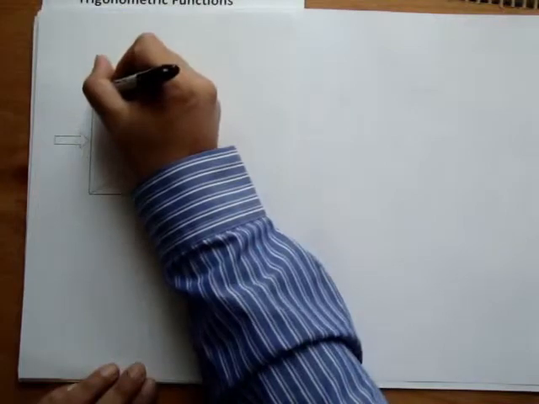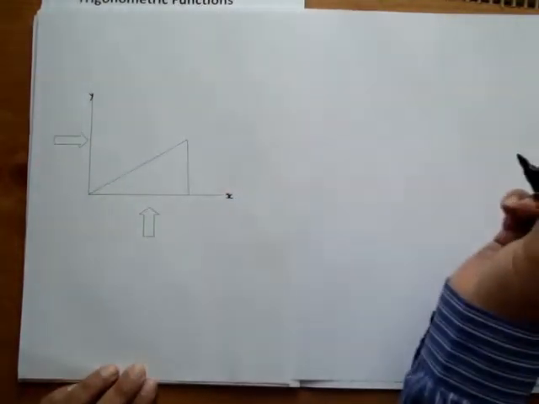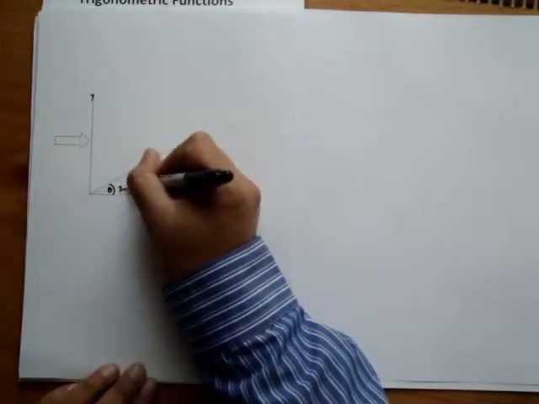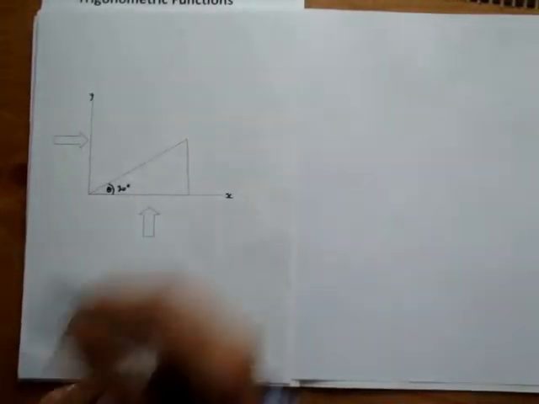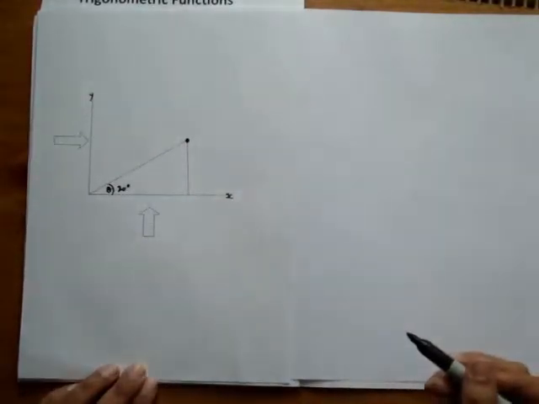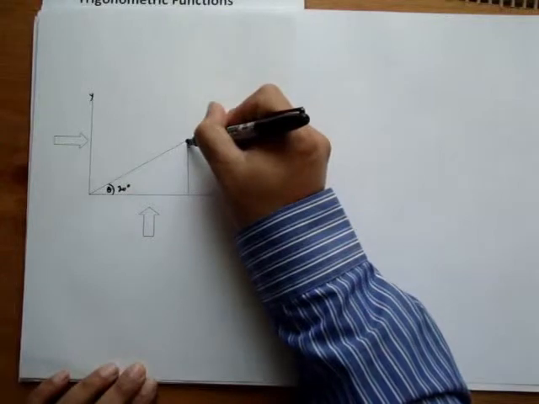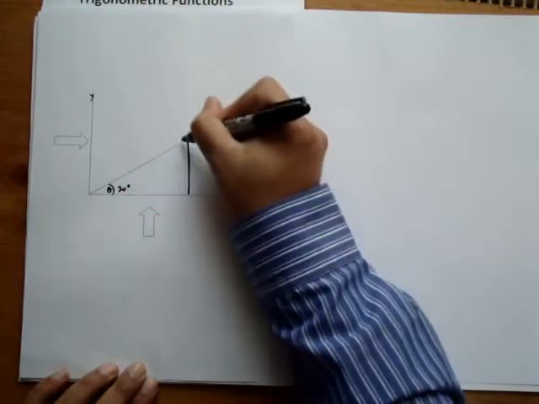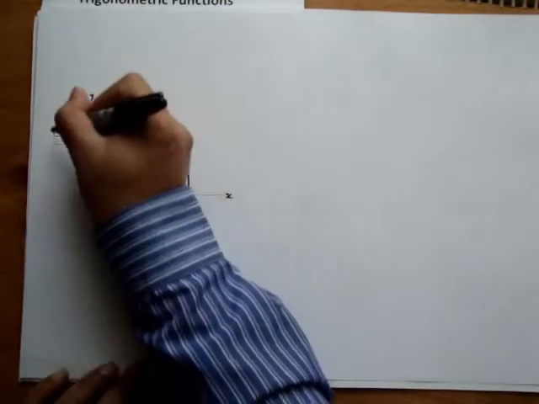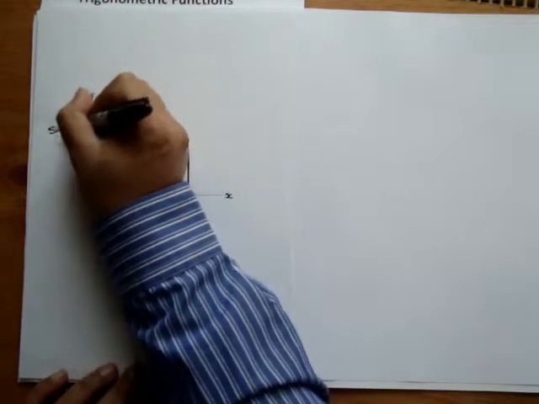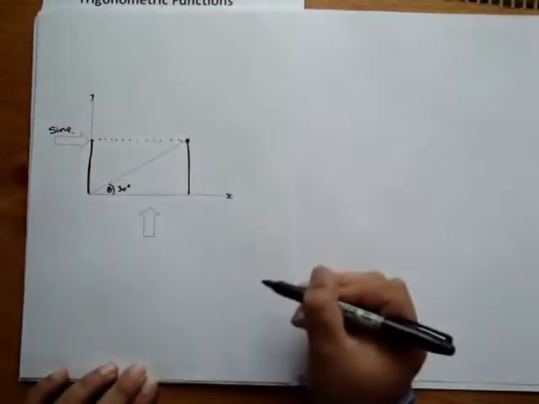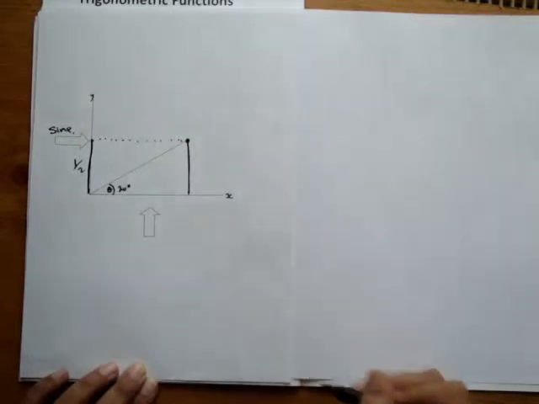So if we have this as the y axis and this as the x axis, and this is, say, theta, 30 degrees, we have a point here, and if we project this line onto the y-axis, this projection would be the sine, which is a half.